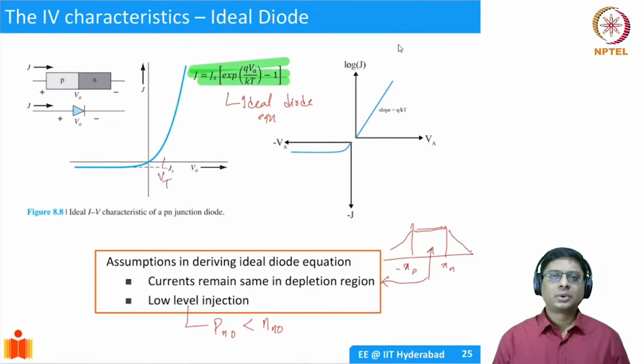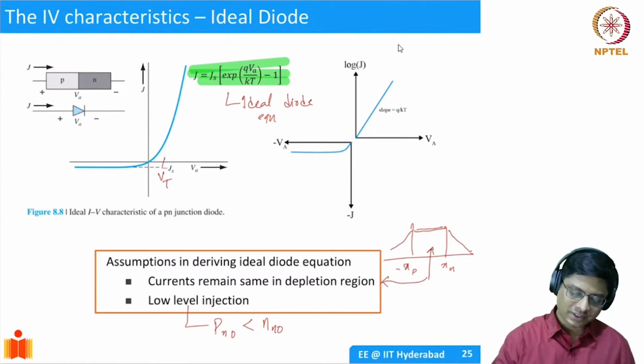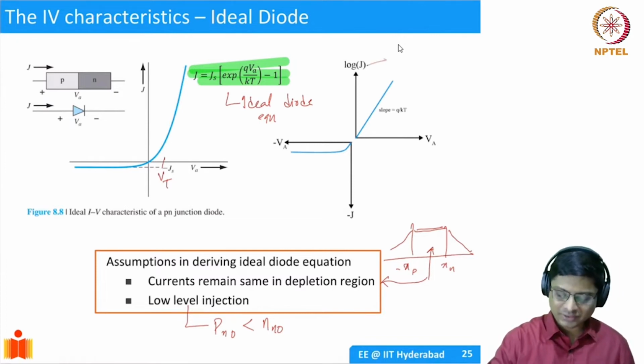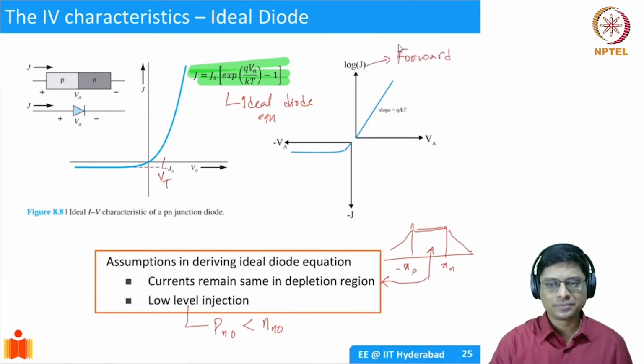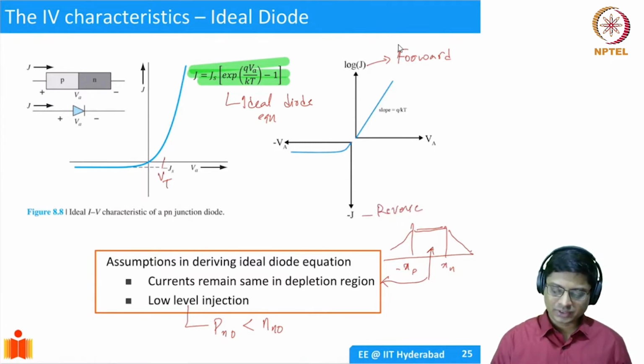To understand the non-idealities, we'll plot it in a slightly different form. In the forward bias, I'm plotting the log of current versus applied voltage. In the reverse bias, I'm just plotting the linear current versus linear voltage.